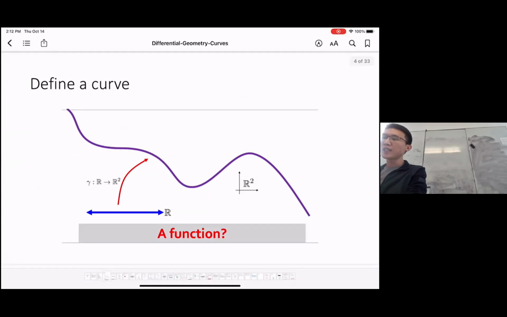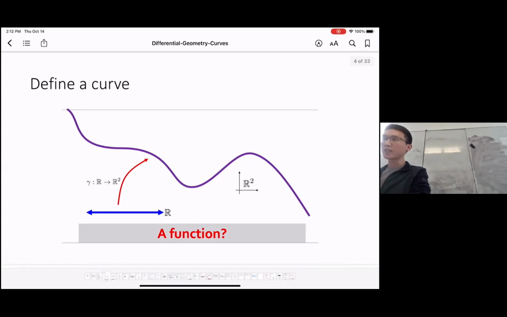Basically, we have a function from R to R2, right now in 2D. You probably use some parameter t and say that for each t value, I'm going to map it to an xy coordinate in R2. Then by changing these t values, I can get the shape of this curve.